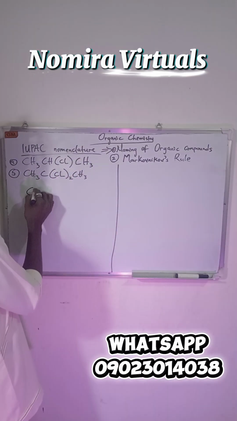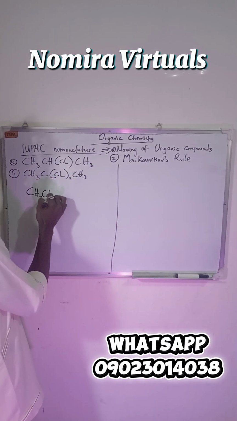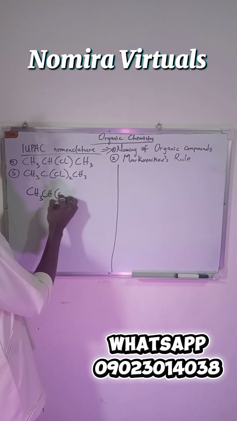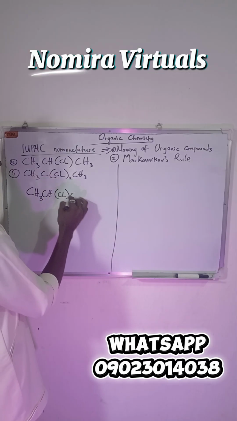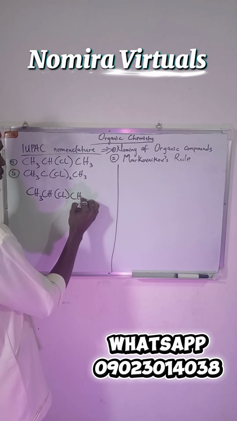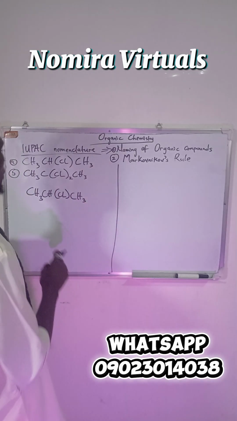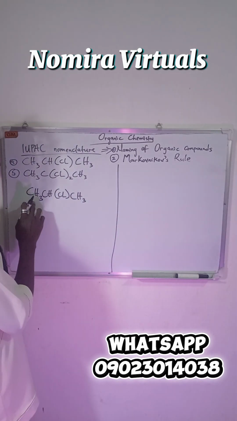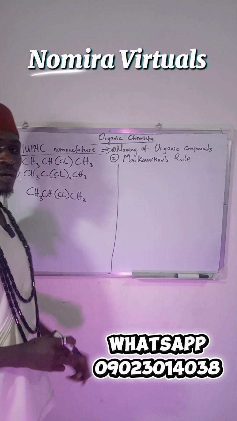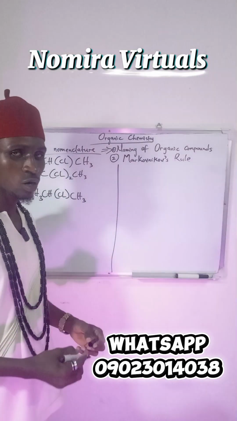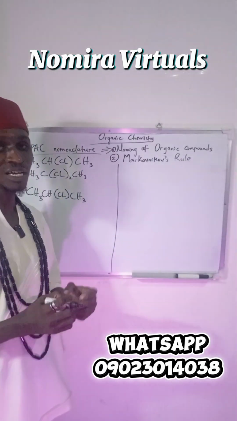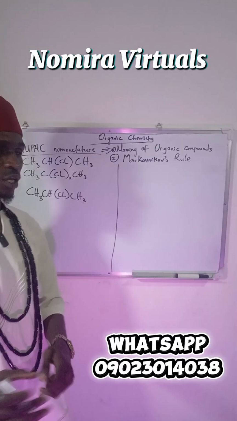We have CH3, CH bracket Cl bracket CH3. Now, we are going to turn this molecular formula into a structural formula so that it will be less complicated for us to name.